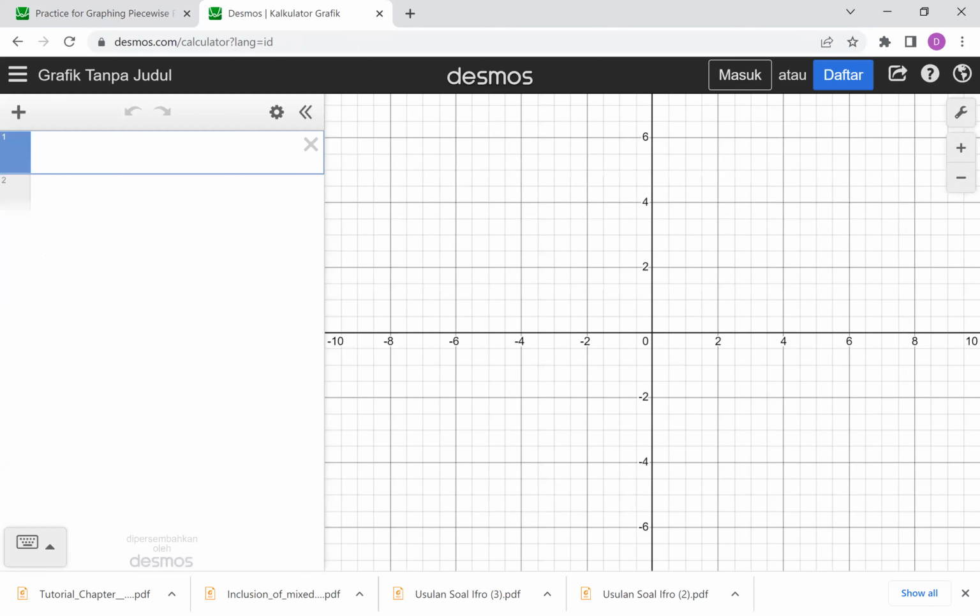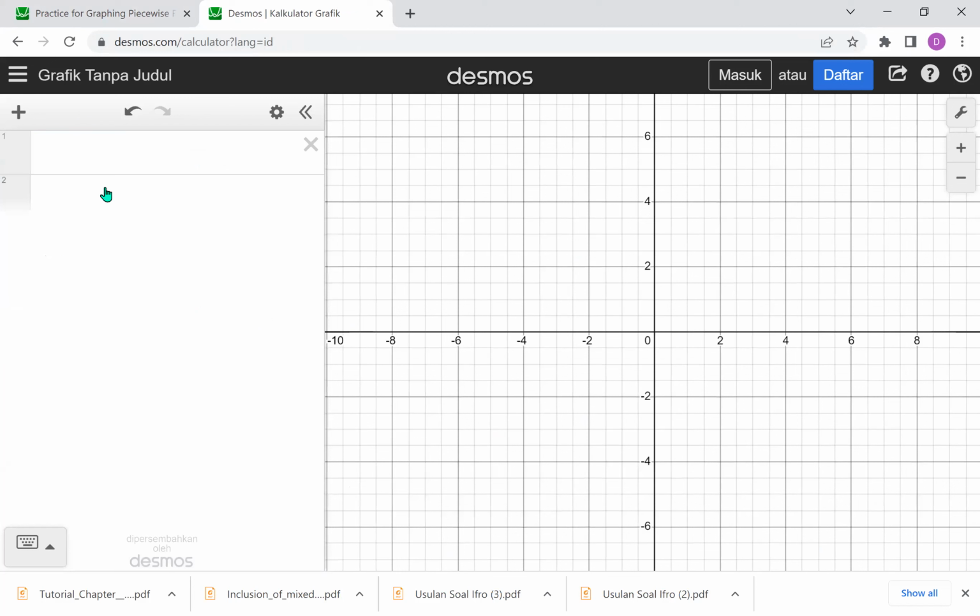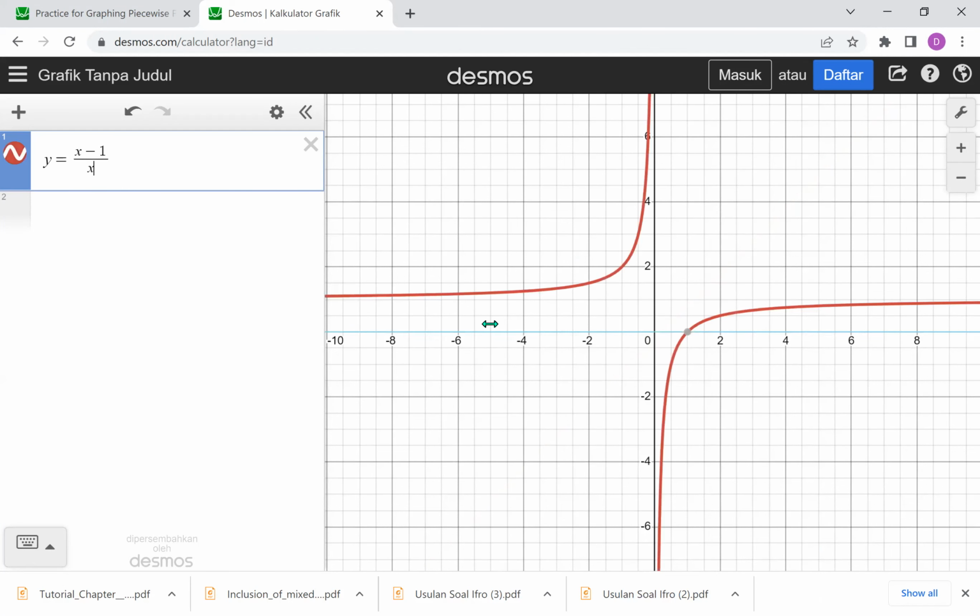Oops, I haven't shared. Okay, so let us suppose that we have the graph of y equals x minus 1 divided by x squared minus 1.